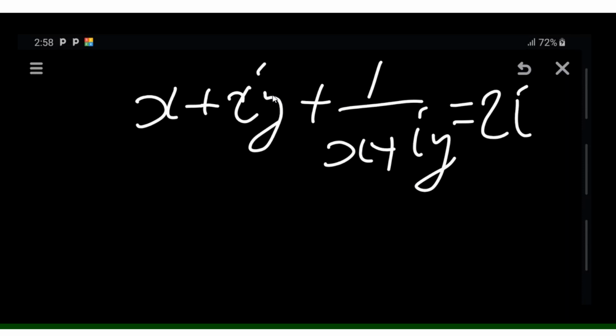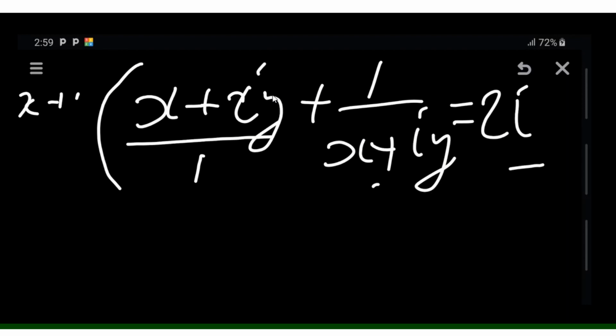Right, from here, if you want, you can find the common denominator, or if you want, you can just multiply both sides by x plus iy.